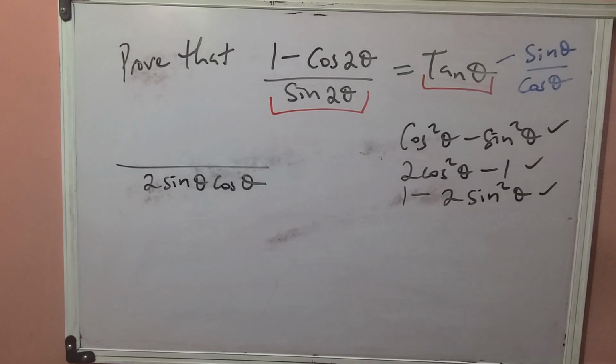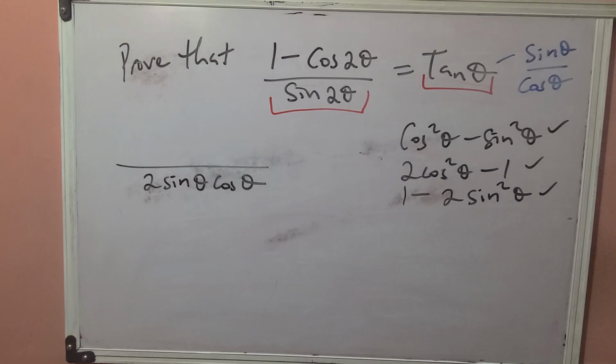But in determining which particular format we're going to use in this question, we have to look at both the denominator and where we are headed. Now I can see that I'm headed towards tan theta, and tan theta obviously is sine theta over cos theta.